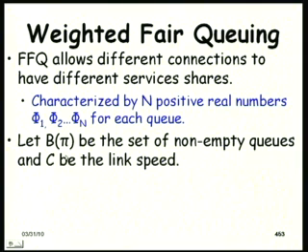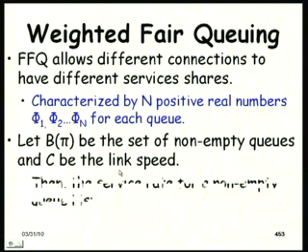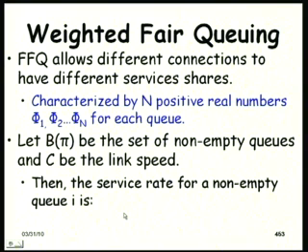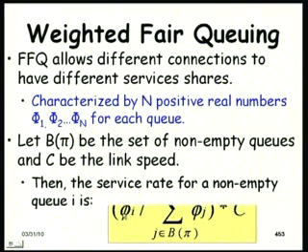Now, if B is the set of non-empty queues and C is the link speed, then the service rate for a non-empty queue i is phi i divided by the sum over j in B of phi j, into C. What it means is that every connection on a link gets a share of C times its reservation divided by the reservation for all others.